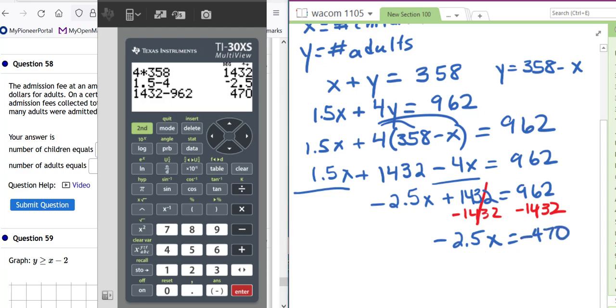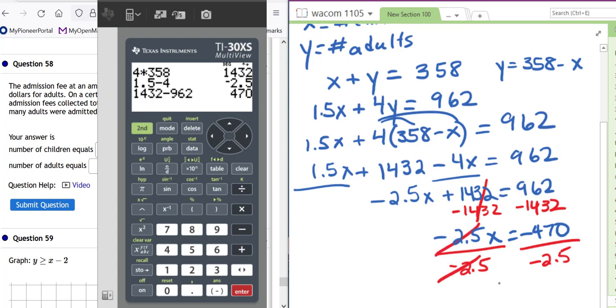Now divide by your negative 2.5, and this is why I said don't worry about that negative. It will divide out because we know we're not going to get a negative number of people. But because we had negative on both sides, it cleaned up. So the two negatives give me positive. I'm going to do 470 divided by 2.5 gives me 188.